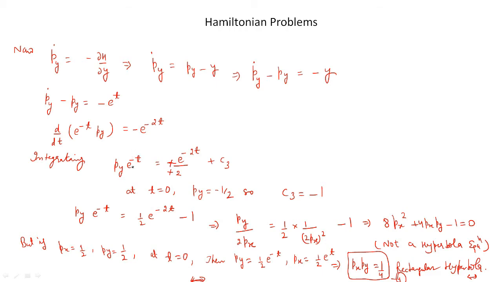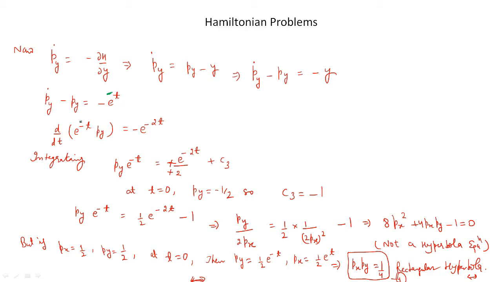Now similarly we can find it for the y variable. P dot y will be equal to minus del H over del y. So p dot y will be equal to py minus y, and we can write this equation as p dot y minus py is equal to minus y, because y is equal to e to the power minus t. So this equation will be p dot y minus py is equal to minus e to the power minus t.